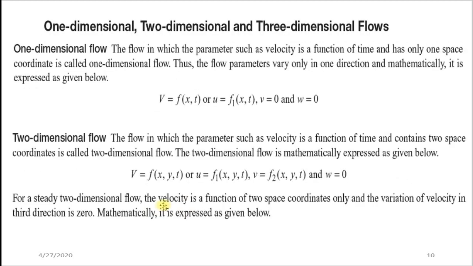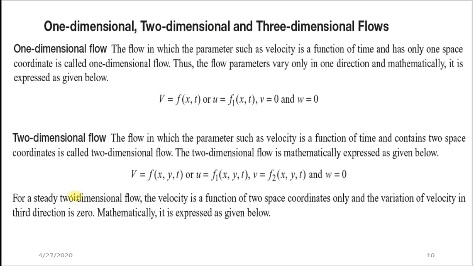Now coming to 1, 2 and 3 dimensional flows. One dimensional flow is that type of flow in which the flow parameter such as velocity is a function of time and one space coordinate only.